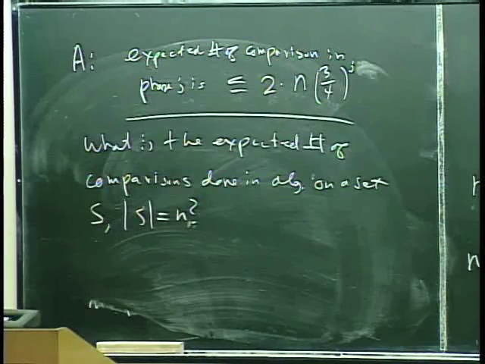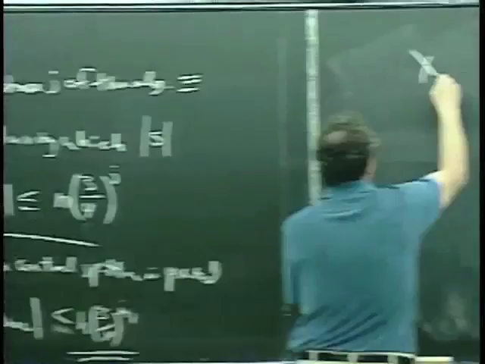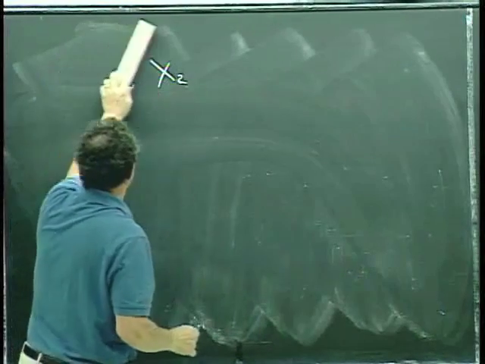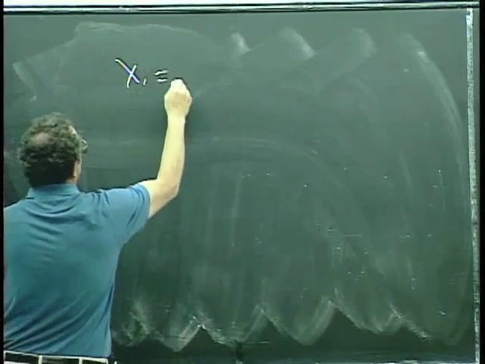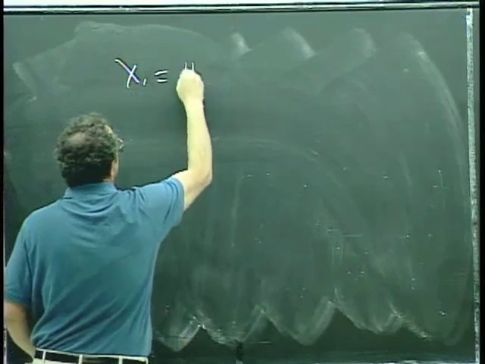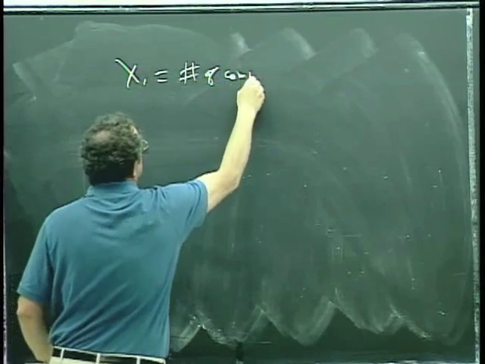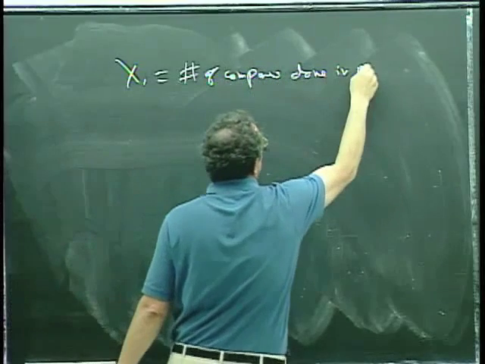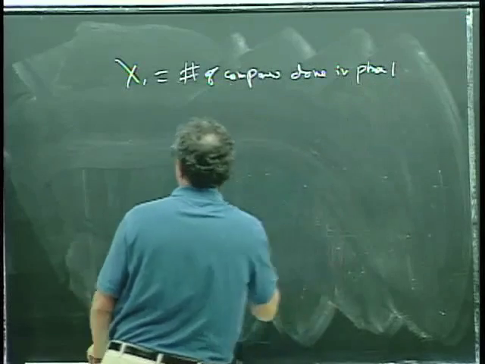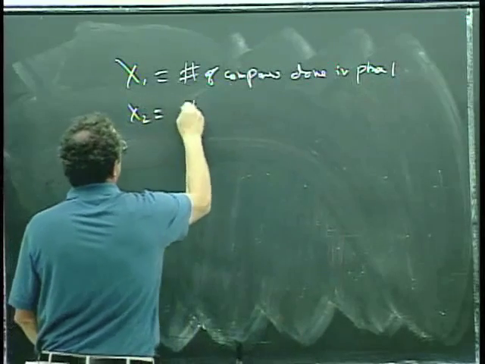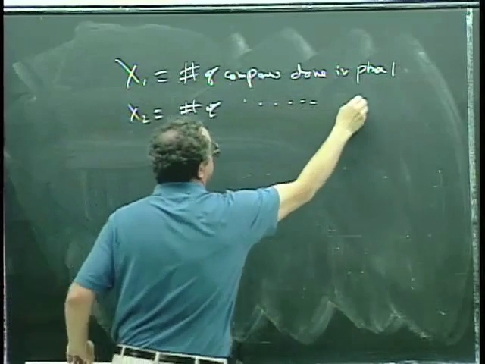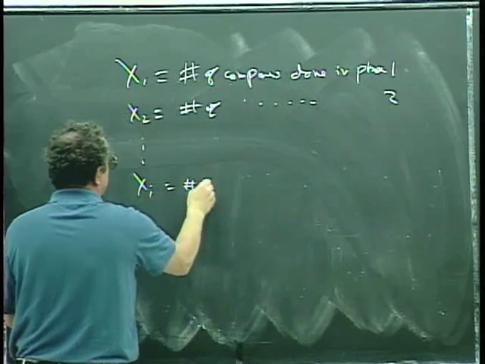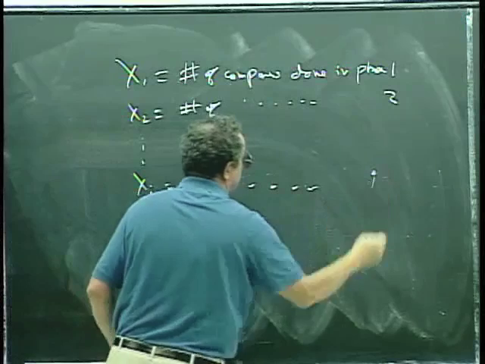So we have random variable x1, random variable x2. Now let me be very, very specific. x1 is equal to the number of comparisons done in phase 1. x2 equals the number of comparisons in phase 2. xi equals the number in phase i.